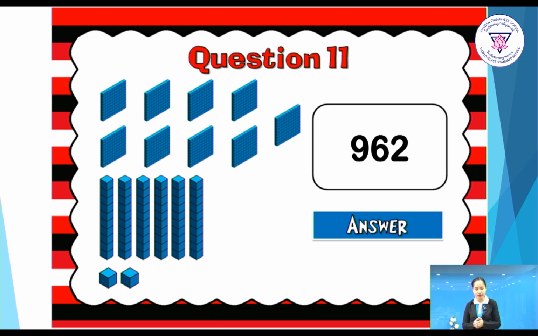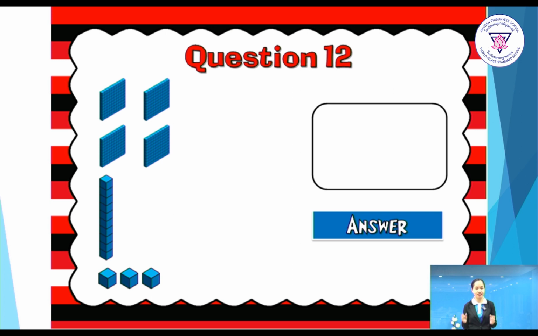How about the next one? Let's go to number 12. In number 12, how many hundreds can you see? How many tens? And how many in ones? What is your answer? It's very good. It's 413.